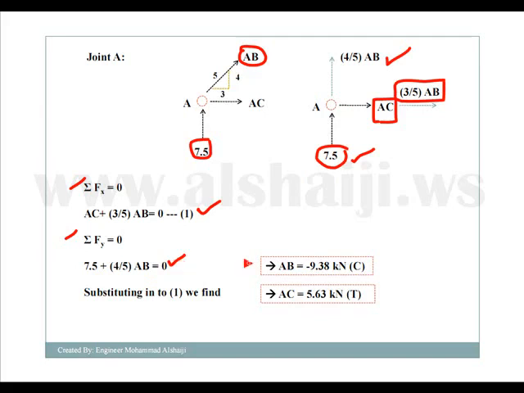From this equation, I can solve for AB, and I'll get a negative value, which means that I assumed the force to be in tension, but it's in compression. Now I take this value and substitute it back in equation 1, and I get a value of AC equals 5.63. This way I have already solved for the forces in the members AC and AB.